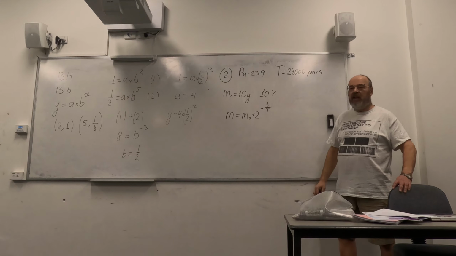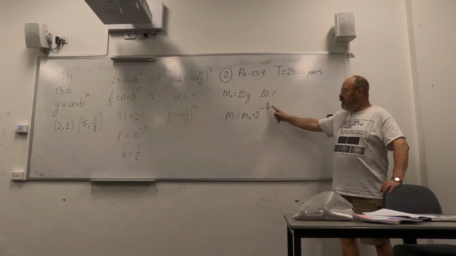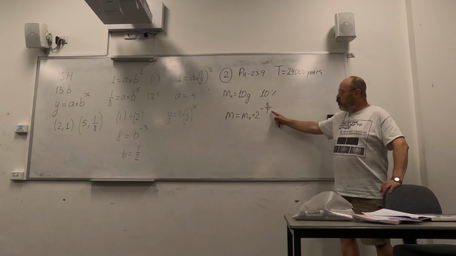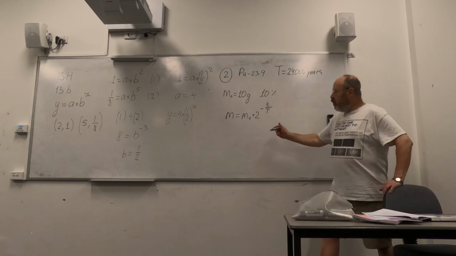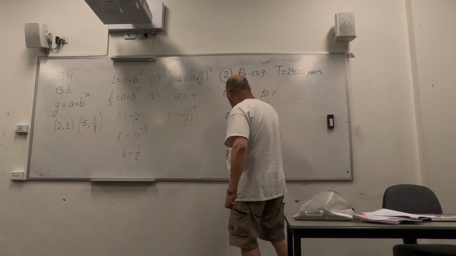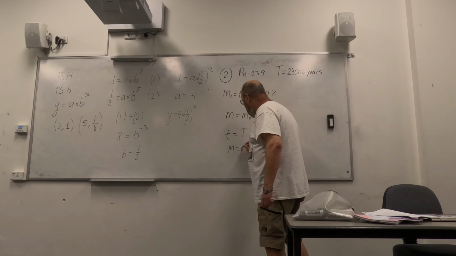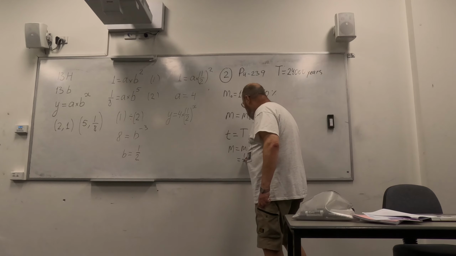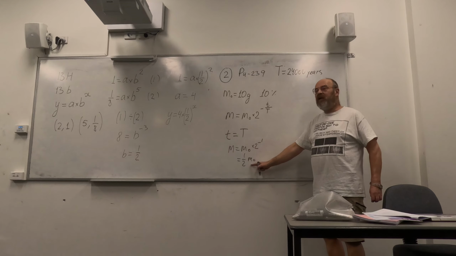So when we have time equal to half-life, what will we get? That will be 2 to the negative 1, so we divide by 2. We get mass equal to m0 times 2 to the negative 1, which equals 1/2 of m0. Over one half-life, we have only half left.